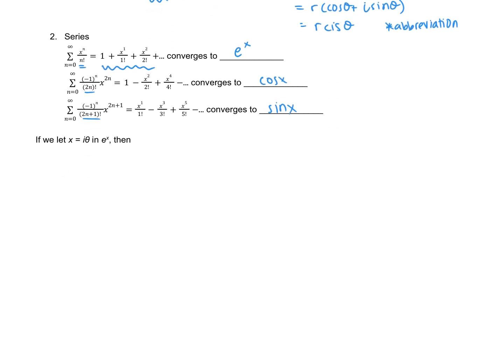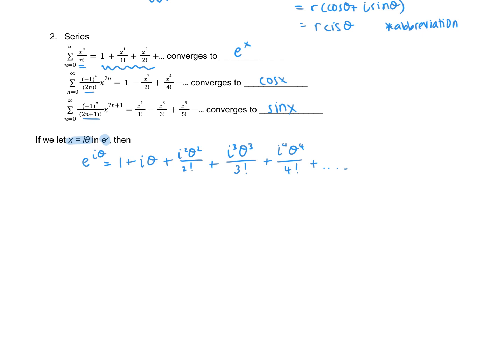So what we're going to do is we are going to let x be equal to i theta, and we're going to use the series for e to the x. So what that gives us then is e to the i theta is equal to 1, plus i theta, plus i squared theta squared over 2 factorial, plus i to the third, theta to the third over 3 factorial, plus i to the fourth, theta to the fourth over 4 factorial, so on and so forth.